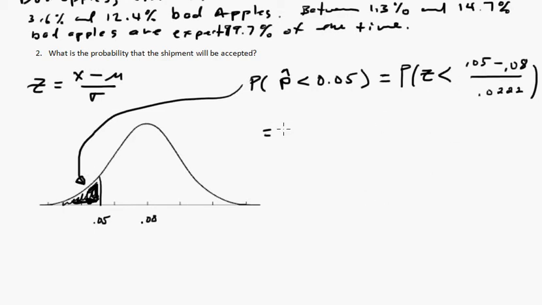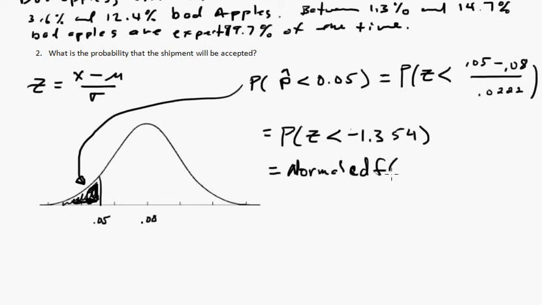Alright, so this comes out to be the probability of z less than negative 1.354. Now I can use my calculator, normal CDF, and we're going from negative infinity, which I'll approximate, to negative 1.354, and that comes out to be 0.088.